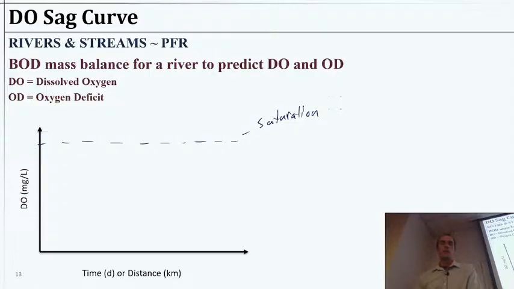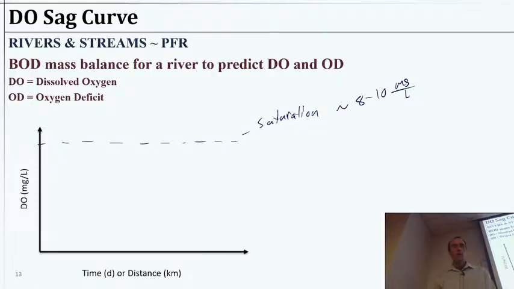But again, this should be somewhere in the ballpark of 8 to 10 milligrams per liter. If we're down in the bayou, it's probably less than that. If we're up in a trout stream in some northern part of the country that's very cold, it's probably more like 14. We'll call it 8 to 10 for now.